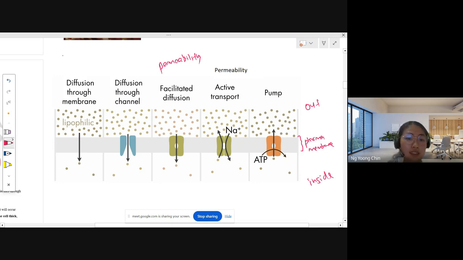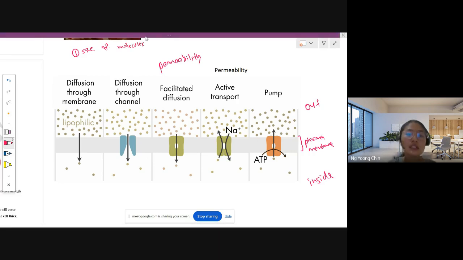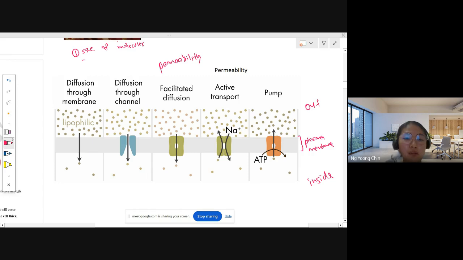One is the size of the molecule. If the molecule has a very small size, that means it is able to pass through the plasma membrane, just like in this way.